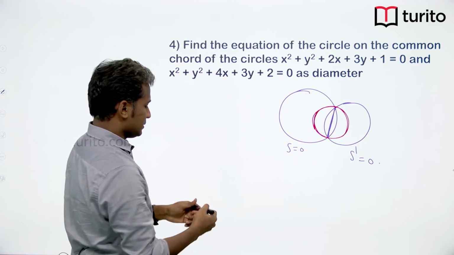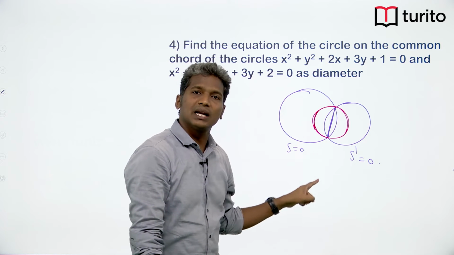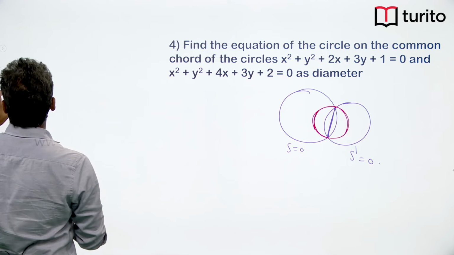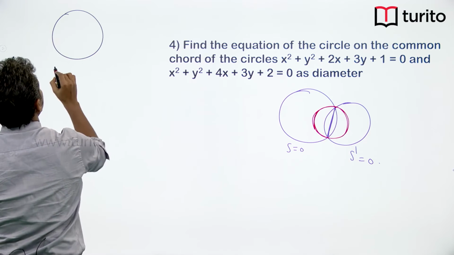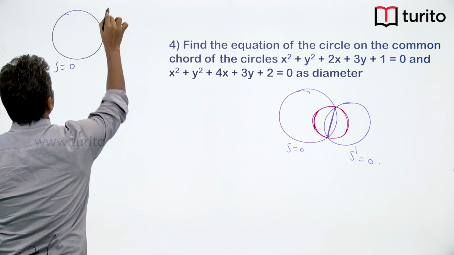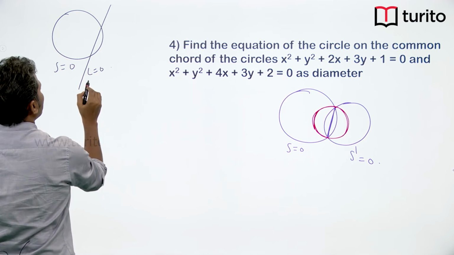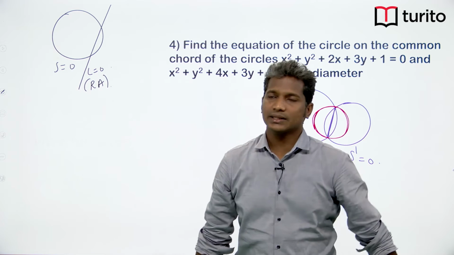One idea is, because this radical axis is acting as a line, I can take any one circle first, which is S equal to 0, take the line which is let us say L equal to 0. This L equal to 0 line is same as the radical axis.